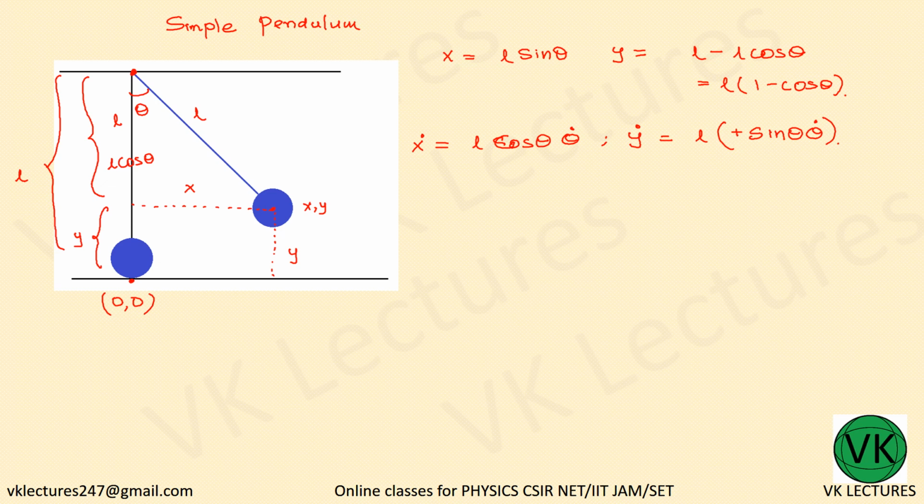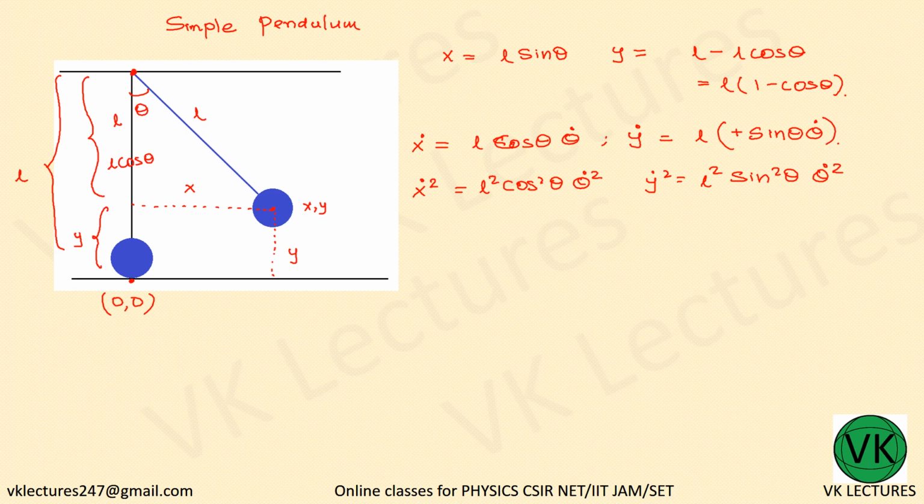Right, now x dot square is equal to L square cos square theta theta dot squared, and y dot square is equal to L square sin square theta theta dot squared.